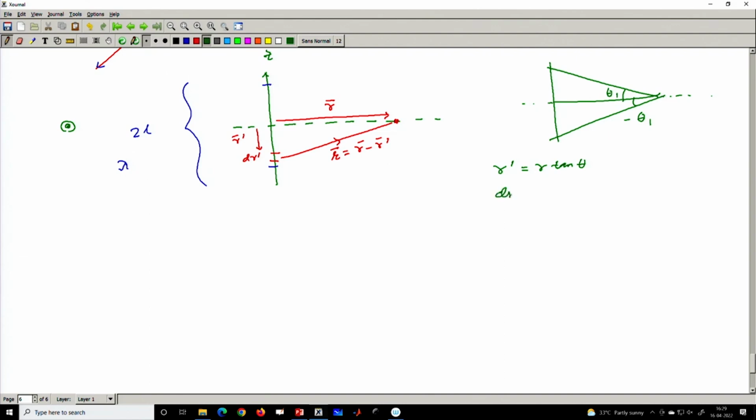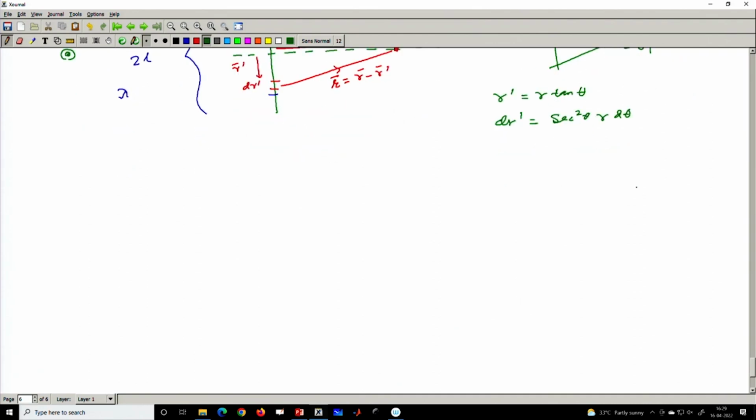So, dr prime is sec square theta r d theta, and mod of curly r square is simply r square plus r prime square, which gives us r square (1 plus tan square theta).